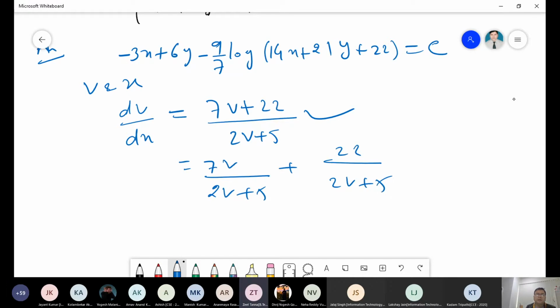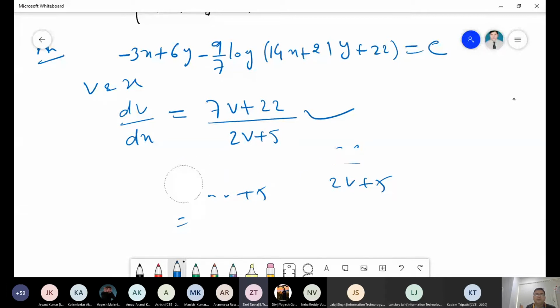Now to rearrange it, when you differentiate, this is 2v plus 5. So when you divide it, you will get 2 by 7 minus 9 by 7 upon 7v plus 22.